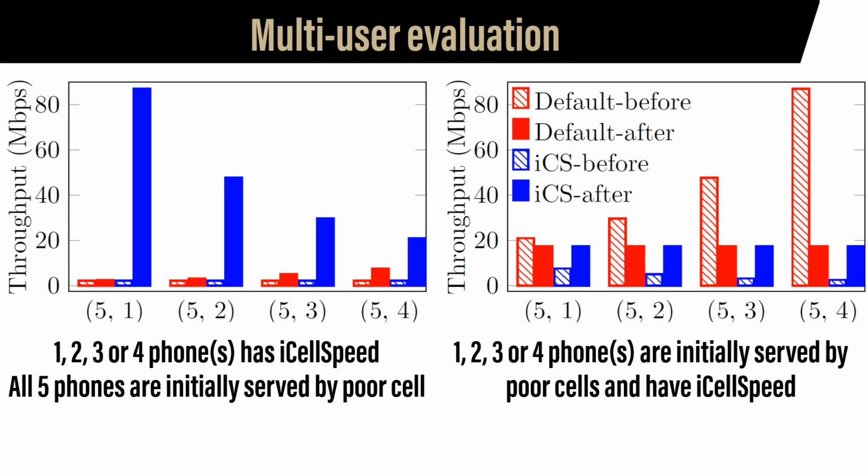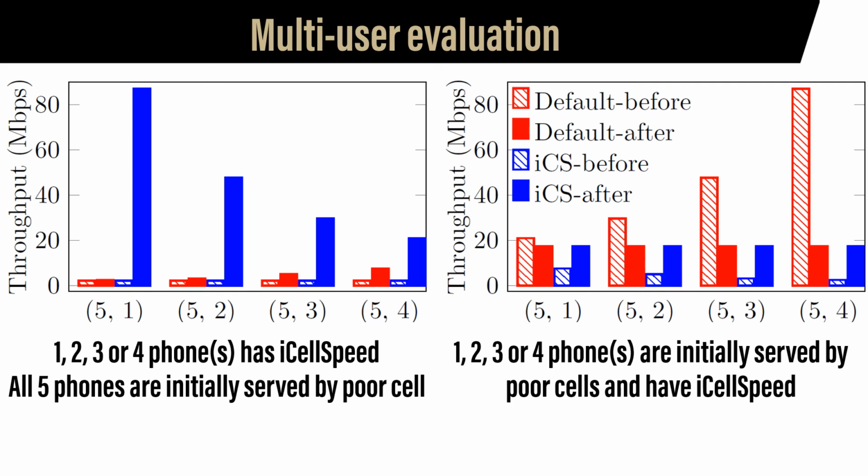We next evaluate how iCellSpeed performs in a multi-user scenario. We use 5 co-located phones and enable iCellSpeed on several of them, from 1 to 4. We consider 2 scenarios. The left one has all the tester phones initially served by poor cells. The right one has only those phones running iCellSpeed initially served by poor cells, and other phones are served by good cells.